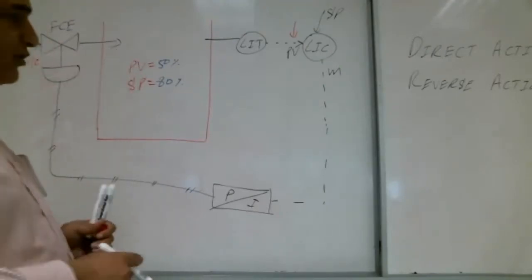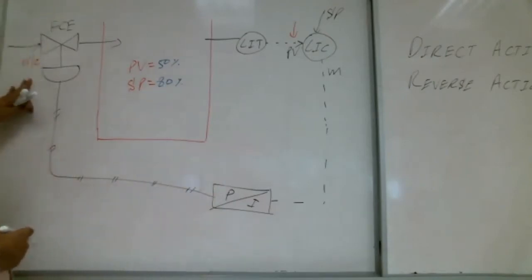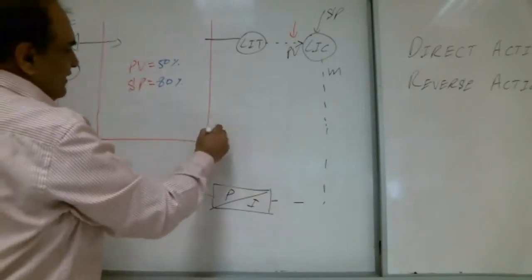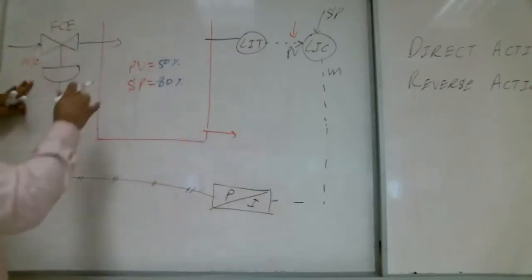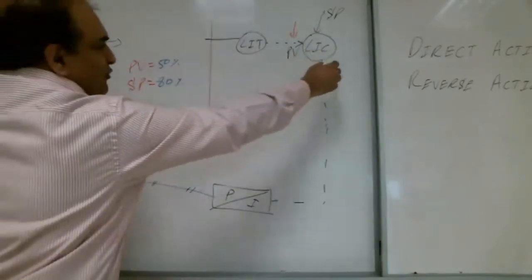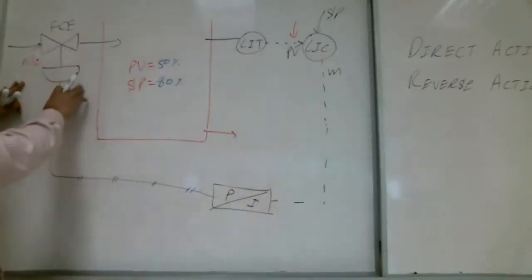So do we want to open the valve more or less? More. We want to open this valve more, so more liquid will come and it raises the PV. This valve is normally closed. If we remove the signal, make the signal 0, it will get closed.